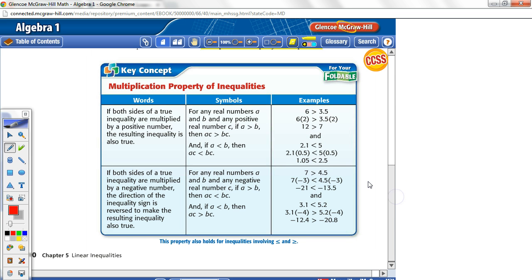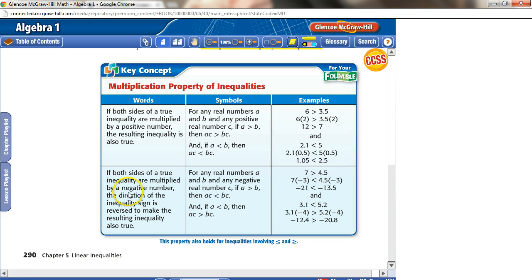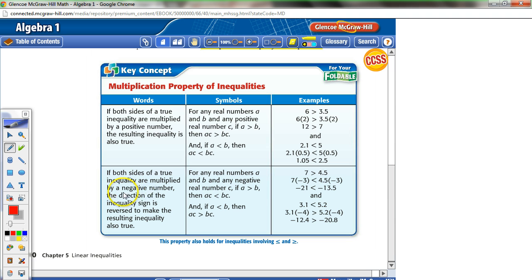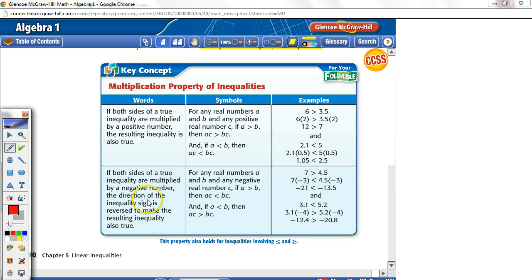Okay, but now this is where it gets a little bit trickier. If both sides of a true inequality are multiplied by a negative number, the direction of the inequality sign is reversed to make the resulting inequality also true.